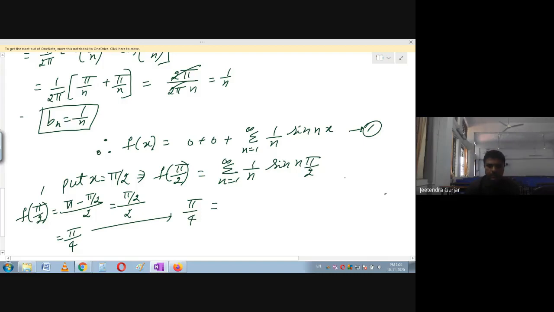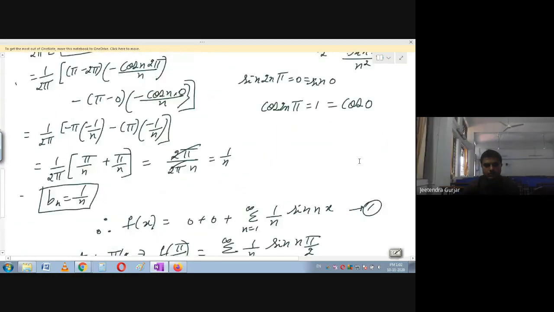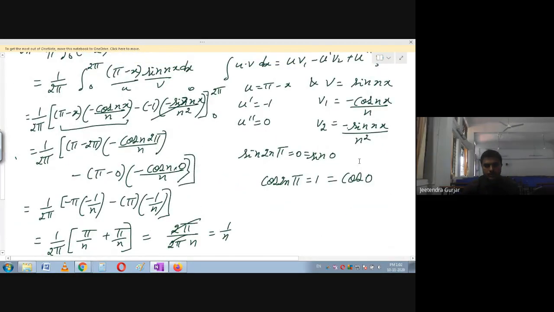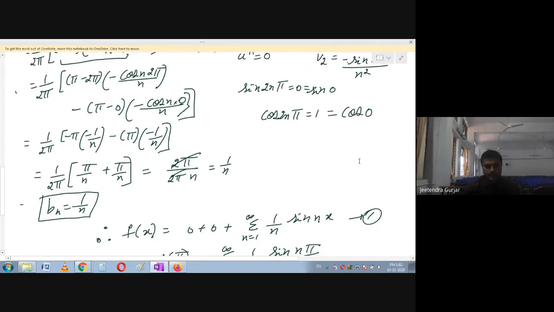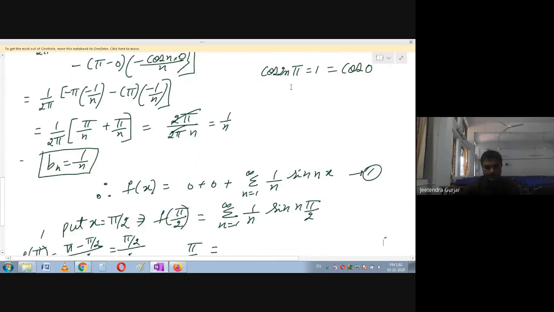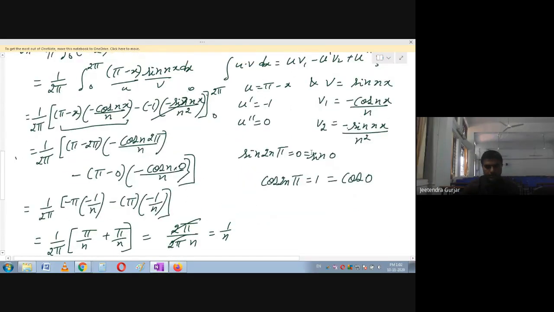So if you substitute n is equal to 2, you are going to get sine pi. So what is sine pi? If you calculate, you can see here you are going to get 0.